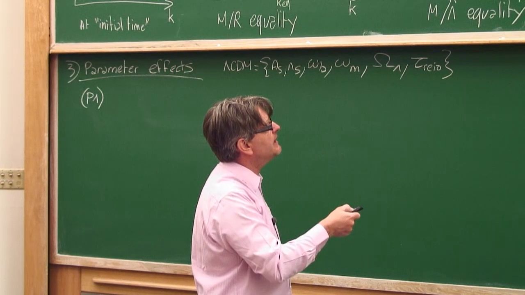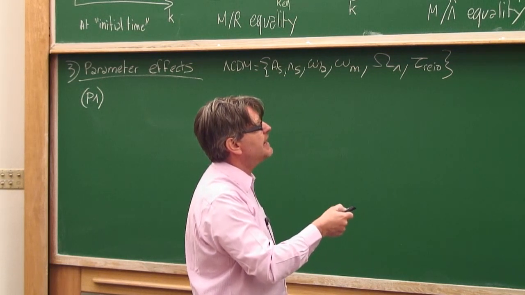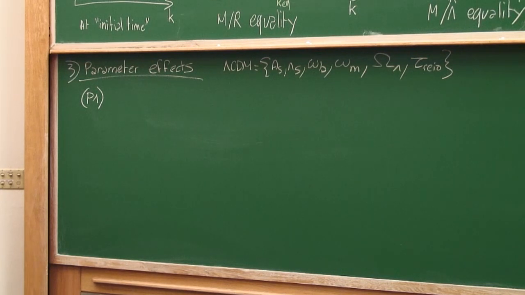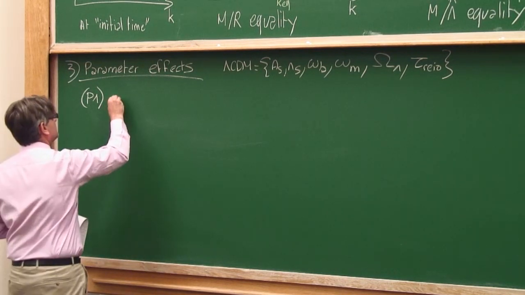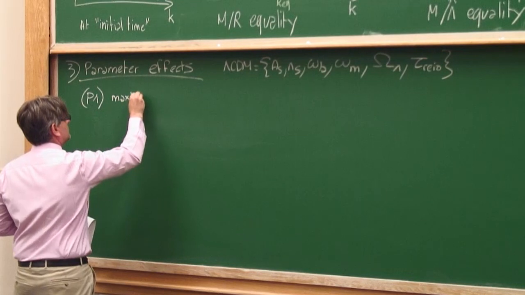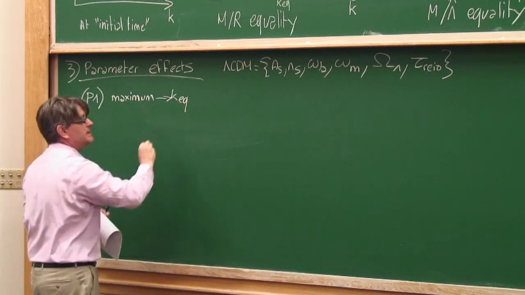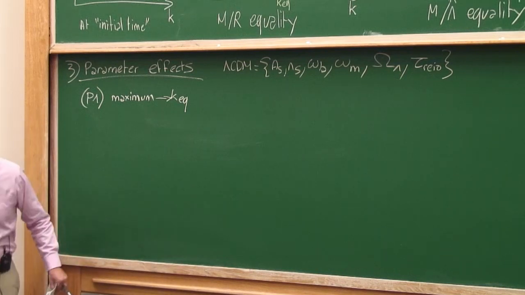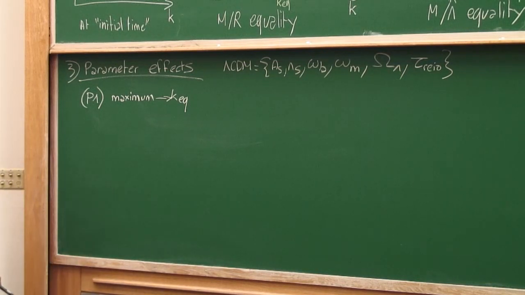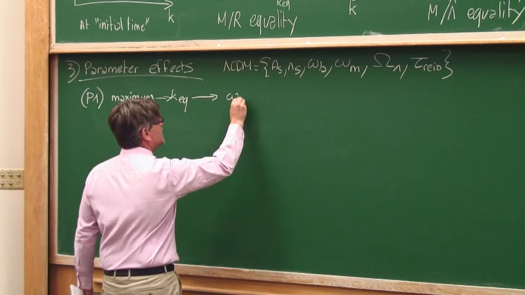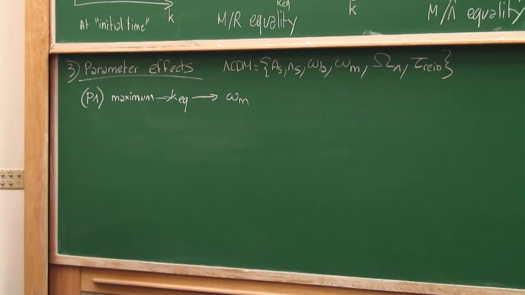It is fixed by k_equality, the scale entering the Hubble radius at equality. So it depends on the redshift of equality, or the scale factor at equality. And this is controlled, as we said yesterday, by omega_m. Omega_m is the parameter fixing the time of equality.